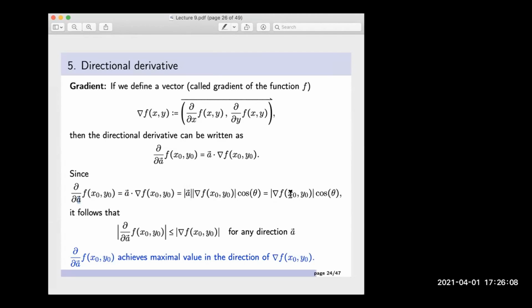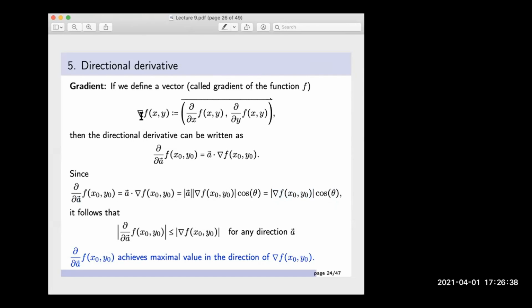So cosine theta is always smaller than or equal to 1, right? It represents that this directional derivative is always smaller than or equal to the length of the gradient. Cosine theta equals 1 only when theta equals 0, only when the direction A coincides with the direction of the gradient.